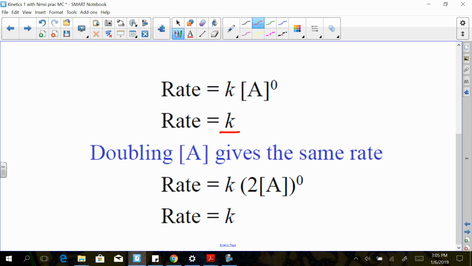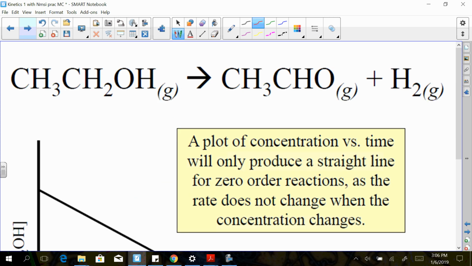If you double the concentration, it still happens at the same rate, whatever K is. So the units for K for this would just be, since rate has to be molarity per unit of time, like seconds, the units for K would be molarity per second because these two are equal. So they have to equal each other.